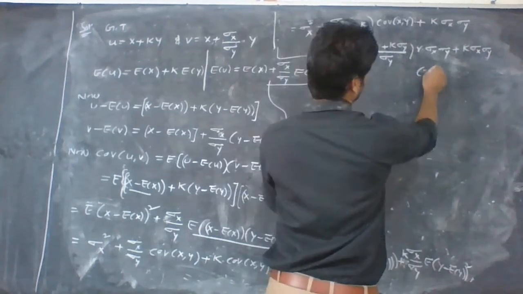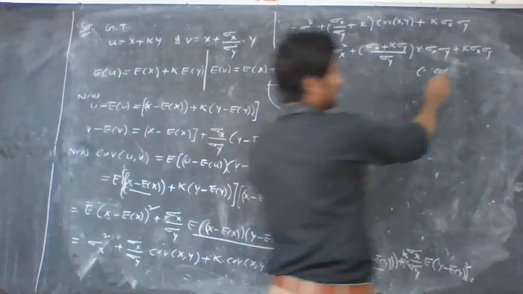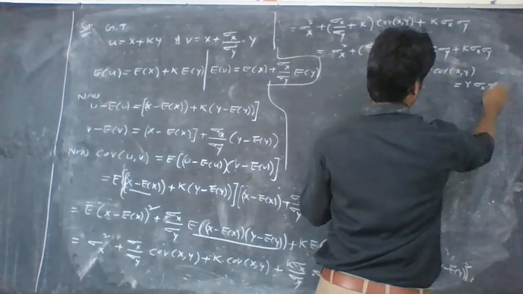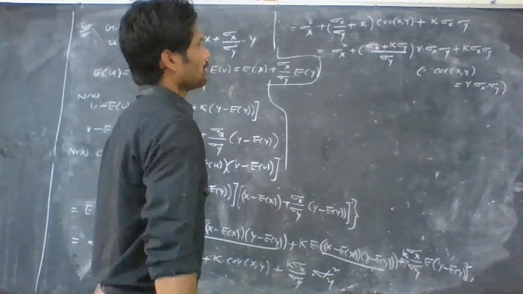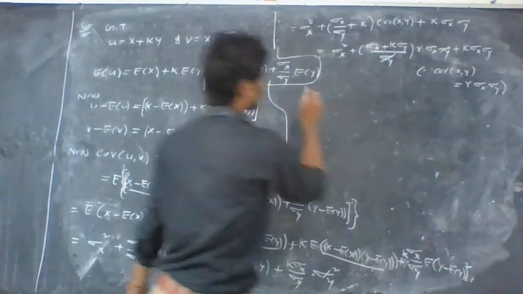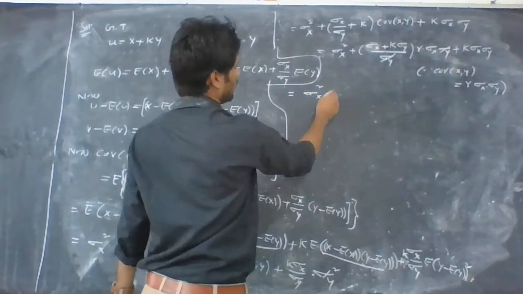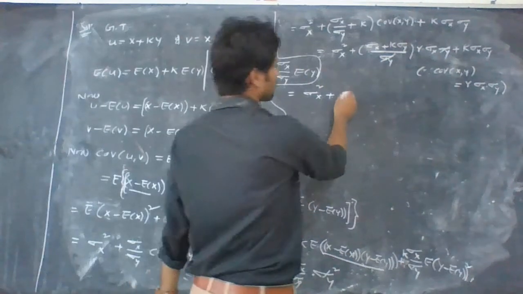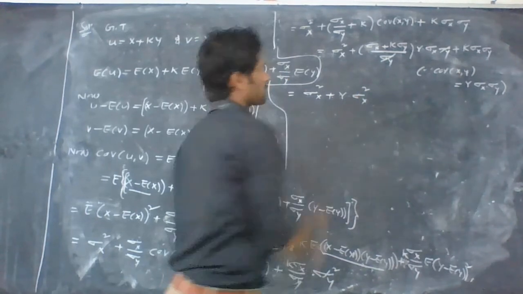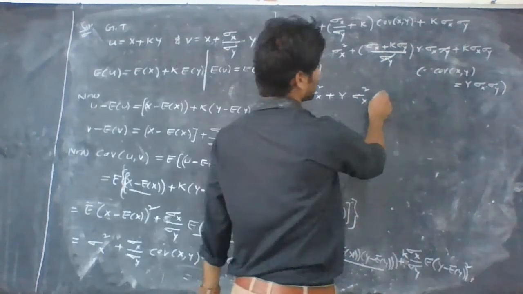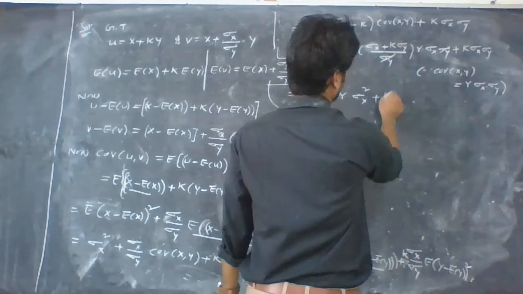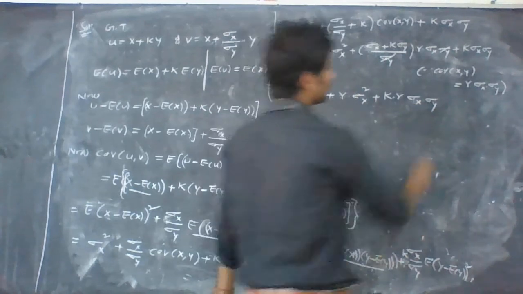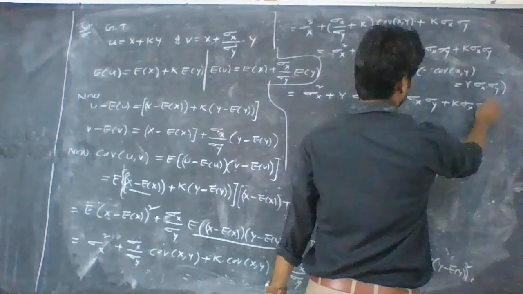Since covariance of x comma y is equal to r into sigma x into sigma y, now sigma y cancels. Sigma square x plus sigma x into sigma x, sigma square x, r into sigma square x plus k into r sigma x sigma y plus k sigma x sigma y.